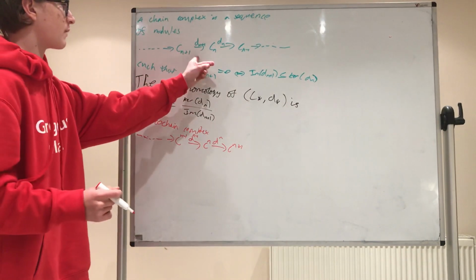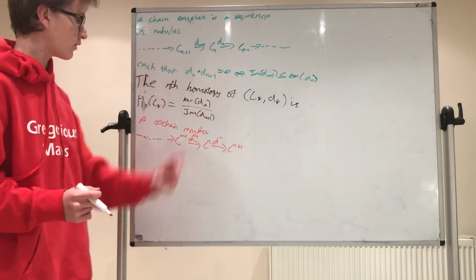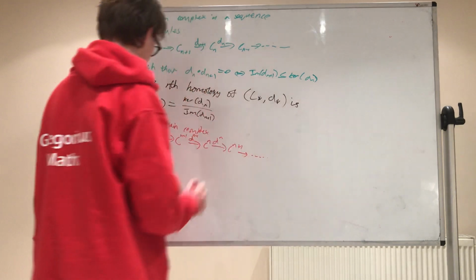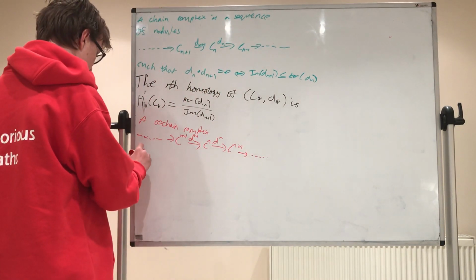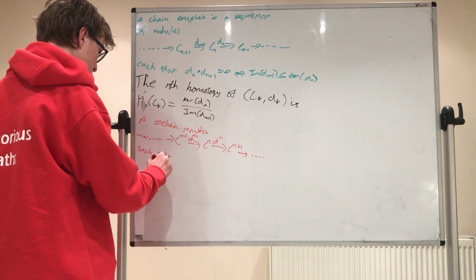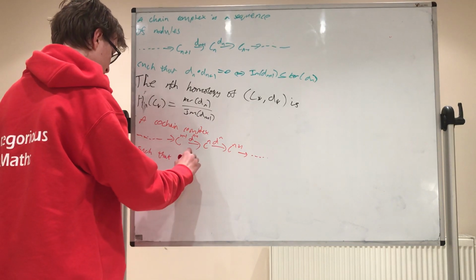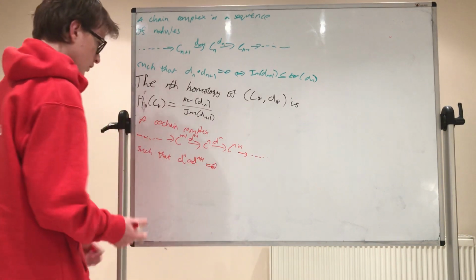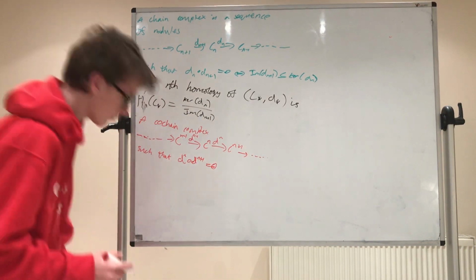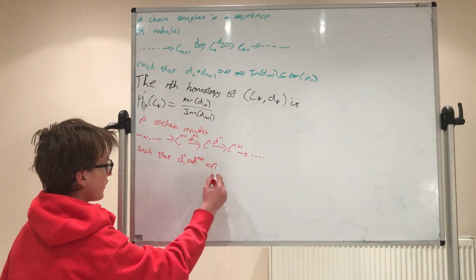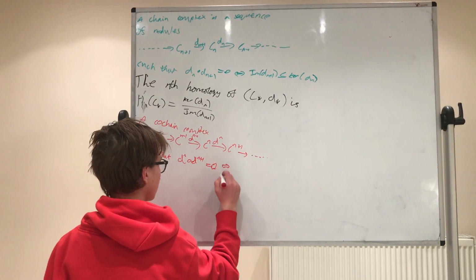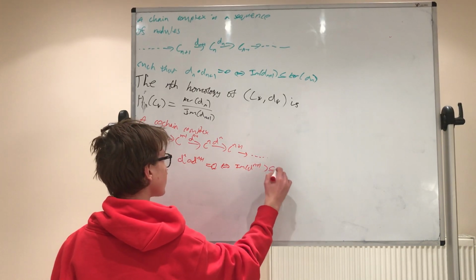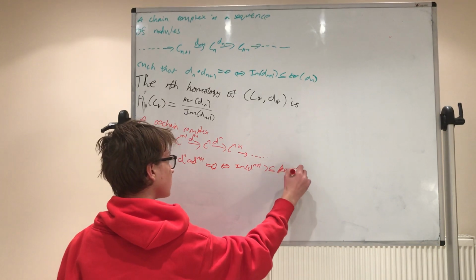In this one, the dn plus 1 maps from Cn plus 1 to Cn, whereas this one goes from Cn minus 1 to Cn. And so forth. And again, such that dn composed with dn plus 1 equals 0. And again, this is equivalent to saying that the image of dn plus 1 is a subset of the kernel of dn.